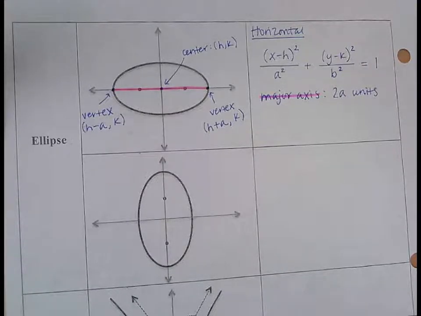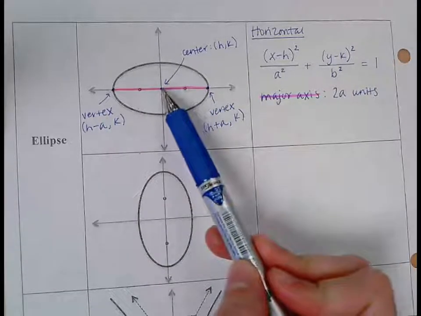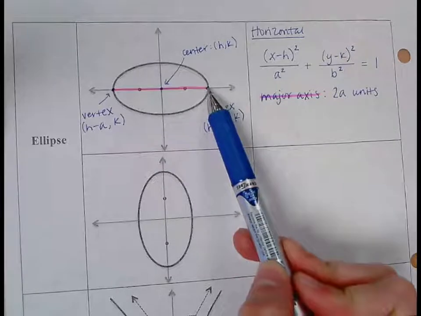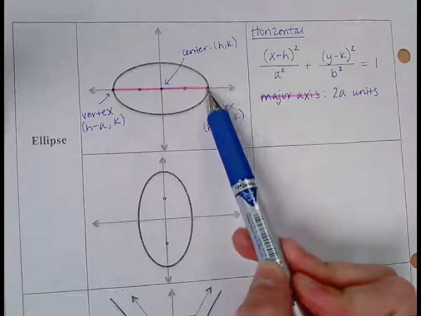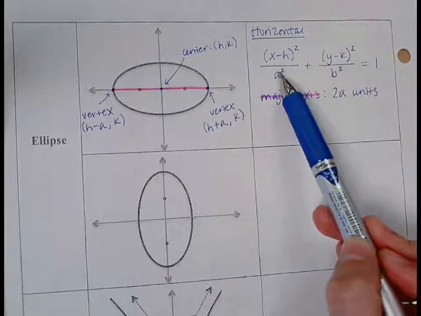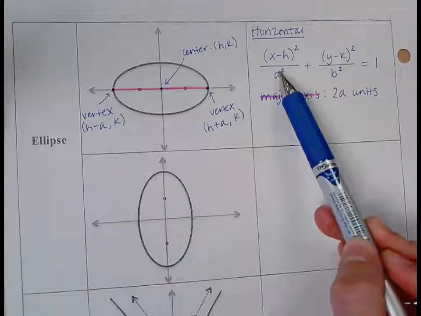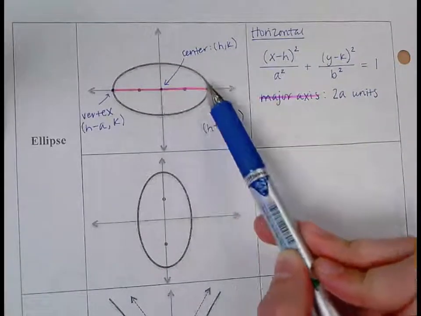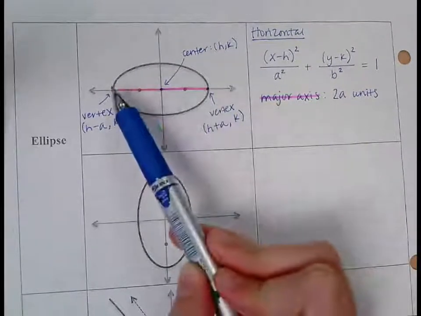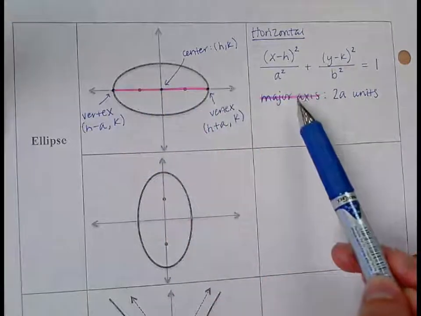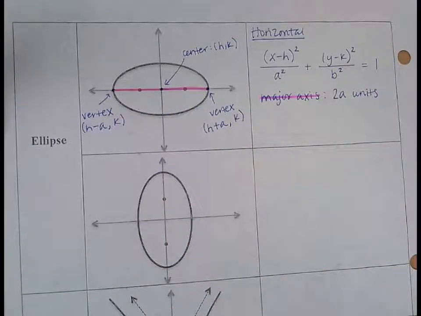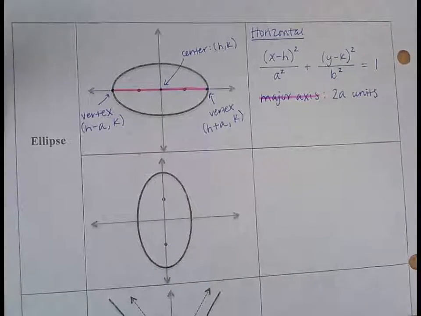The distance from the center to a vertex is a distance of a. So this a is representing the distance from the center to a vertex. And that's why from a vertex to another vertex, that major axis is 2 times a. Just tying that all together.